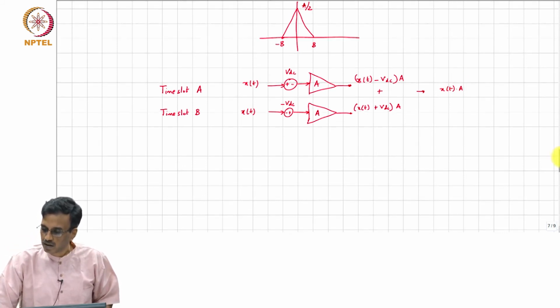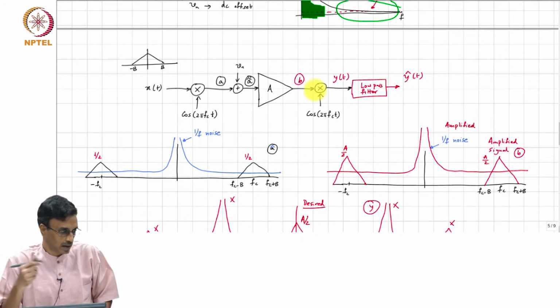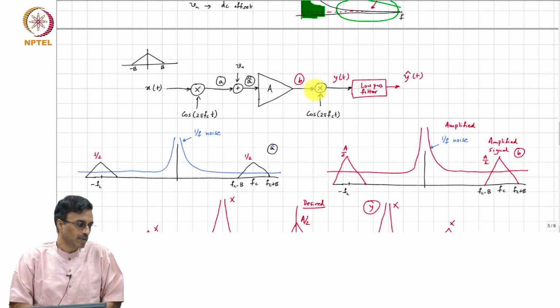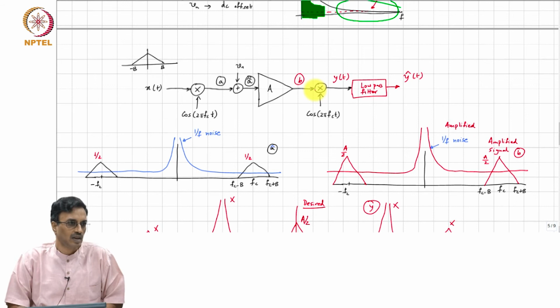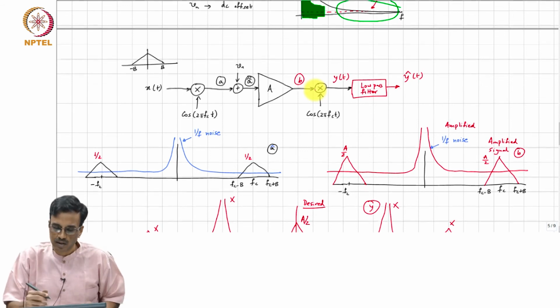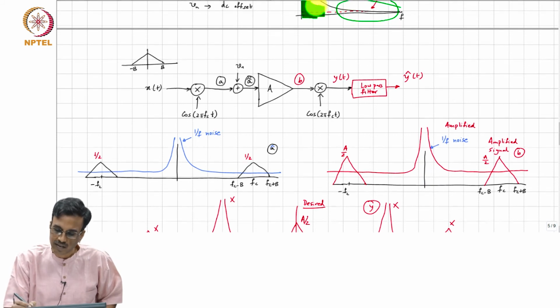But because of the periodically time varying nature of the system, remember that our output frequency of interest is low frequency. That is the frequency of our baseband signal, which resides here.